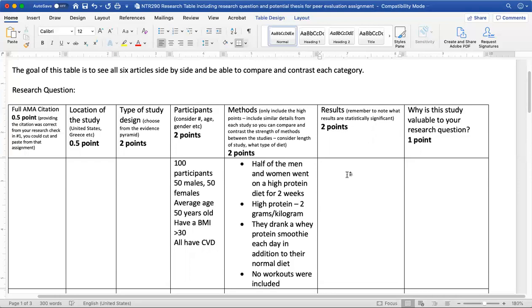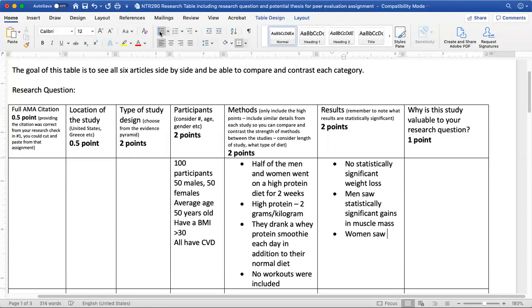And then let's see. So the results: no statistically significant weight loss. Men saw statistically significant gains in muscle mass.